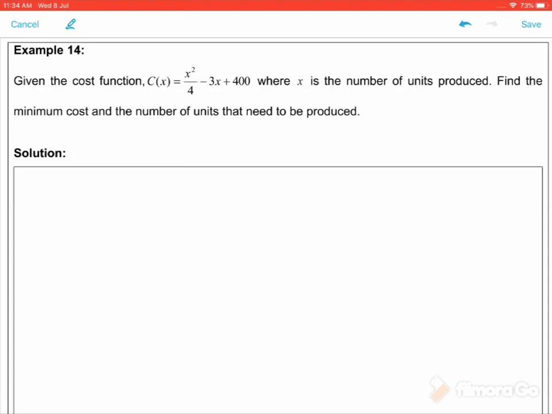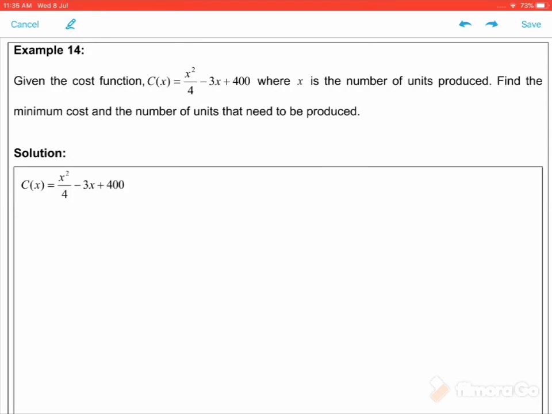For this question, to find the minimum cost, I will guide you step by step to get the answer. Okay, step 1, you must determine the cost function. Since the cost function is already given as C(x) equal to x squared over 4 minus 3x plus 400.